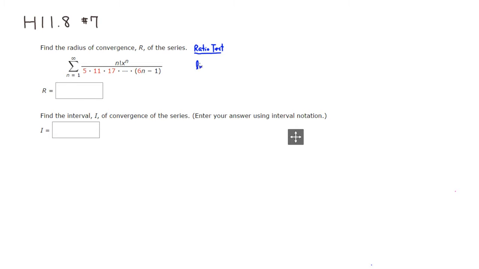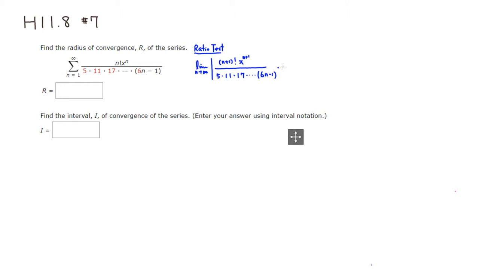So you take the limit as n approaches infinity. Here you have n factorial, so I'm going to put (n plus 1) factorial, and then x to the n plus 1 over 5, 11, 17, and so on, up to 6n minus 1.